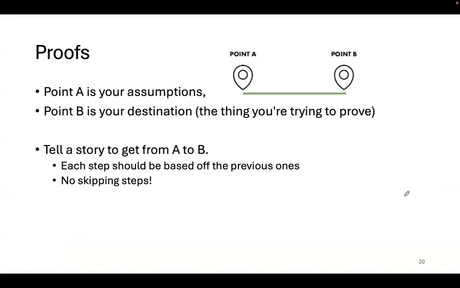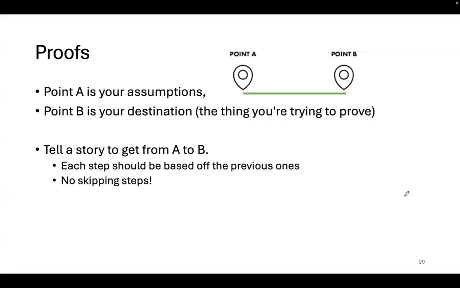But the thing that is really important for this class is proofs, where a proof is something where we're trying to get from point A to point B. We're trying to tell a story in order to do that. In this class, point A is going to be the assumptions that we have going into it, and point B is the thing that we're trying to prove.